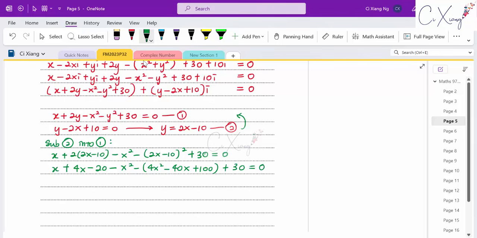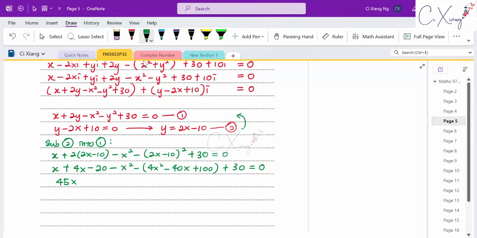You can see we have already reduced the equation into one variable, x. Then of course we need to group them very carefully. I have x plus 4x plus 40x, which is 45x.